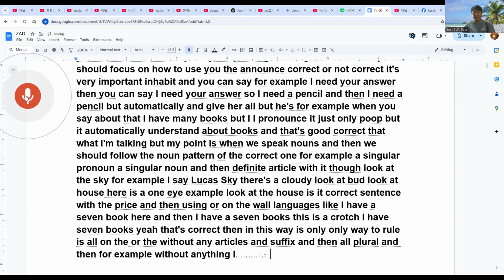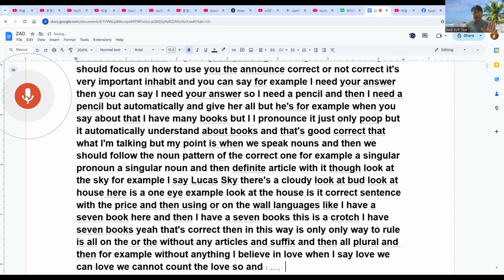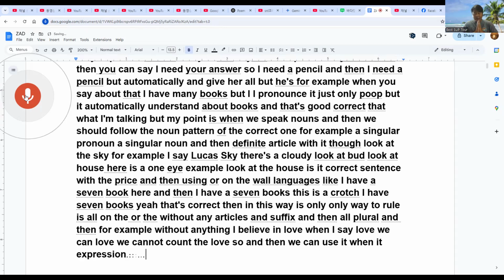I believe in love. When I say love, we cannot count the love. We can use it in an expression without any article, and we use words like peace or sky.